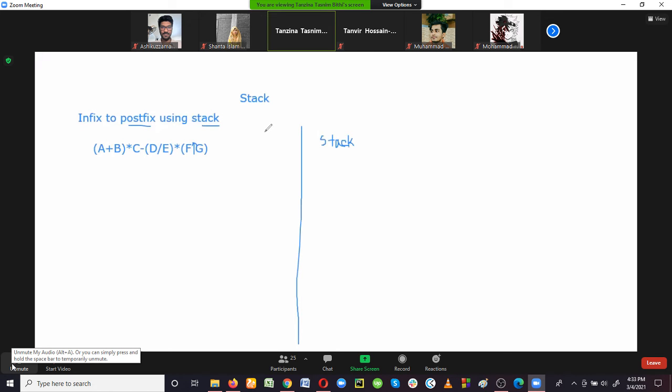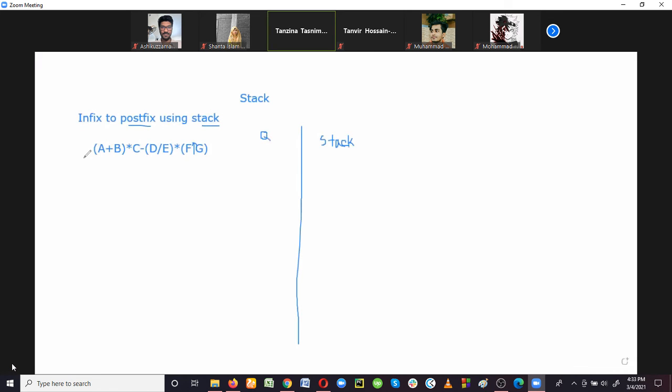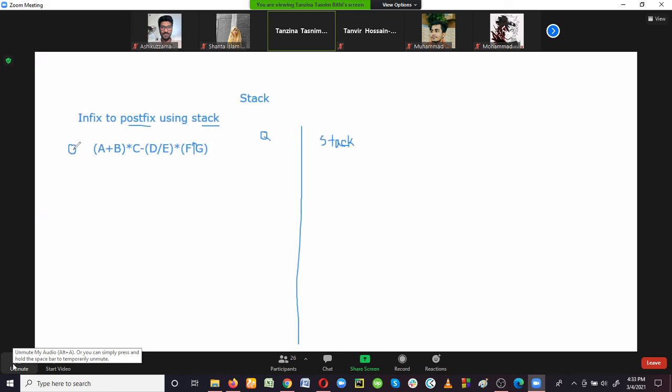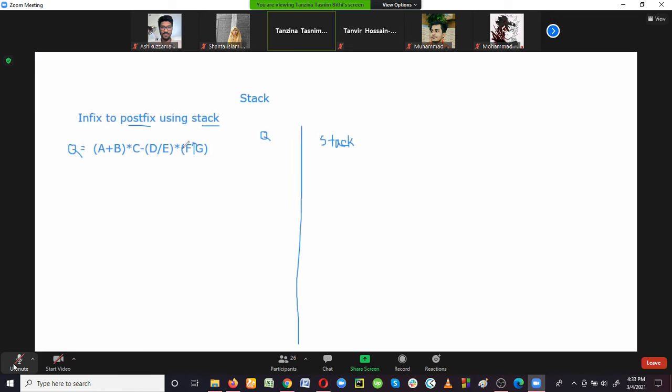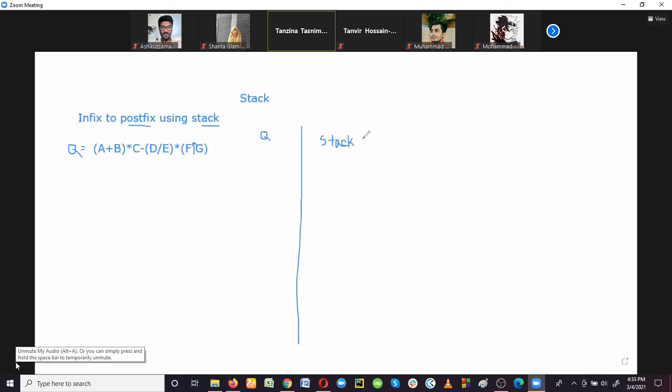So this is our expression Q. We can assign a variable to this infix notation: Q equals a plus b into c minus d division e, and then multiplication f exponentiation g. This is our infix notation. And we have a stack here and another column we need for the expression in postfix notation. Here we can use P for denoting the postfix expression.